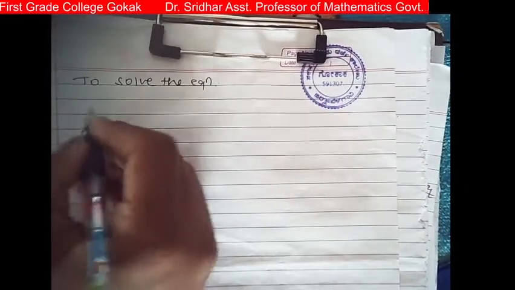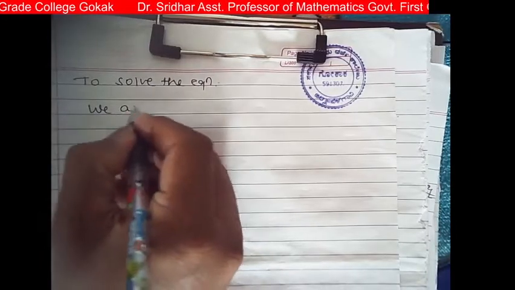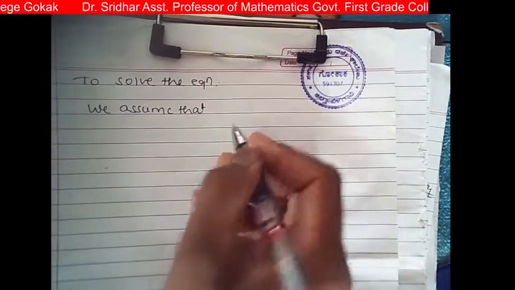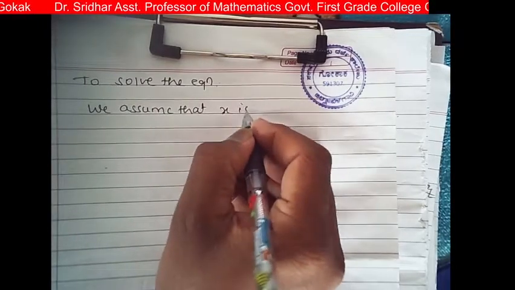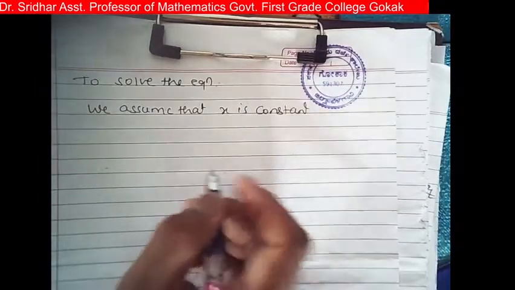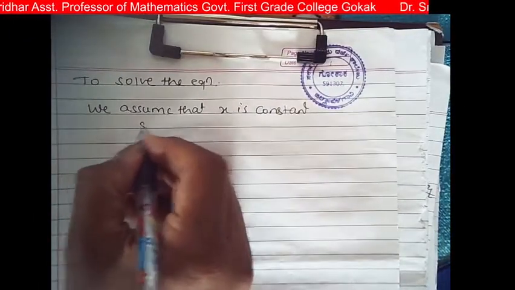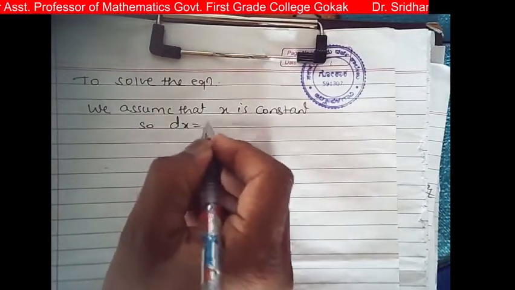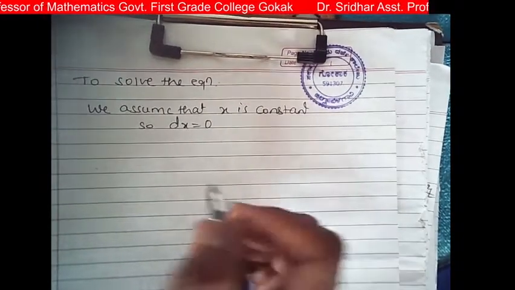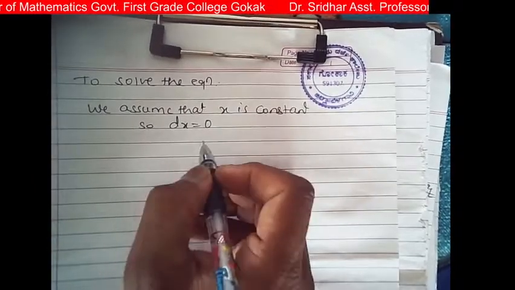So we assume that x is constant. So that its differentiation is 0, because x is constant, so differentiation of constant is 0, so dx is equal to 0.